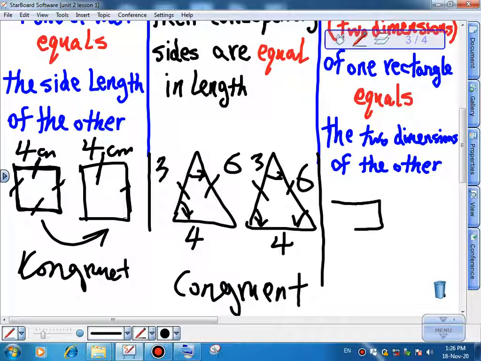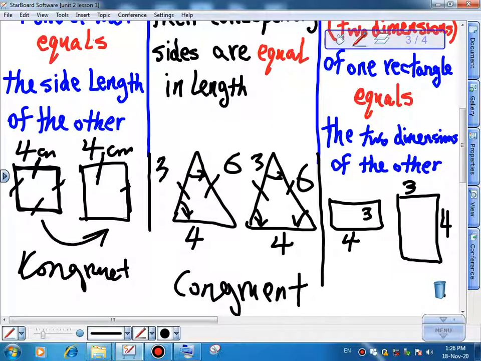If I have this rectangle with length equal to 4 and width equal to 3, and another rectangle like this, with length equal to 4 and width equal to 3, I see that one is just rotated like this.